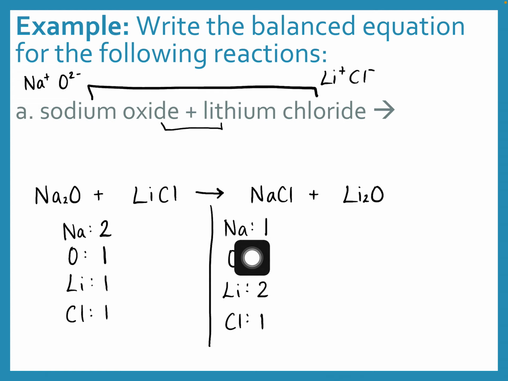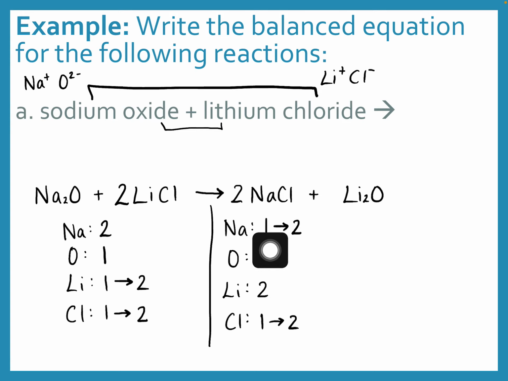So our sodiums are unbalanced and our lithiums are unbalanced. Putting a 2 in front of lithium chloride and sodium chloride gives me 2 lithium and also 2 chlorine, and on this side, 2 sodium and 2 chlorine. So everything is now balanced.